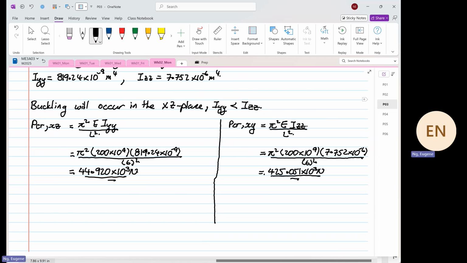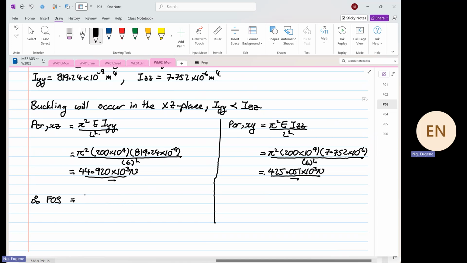So therefore, the factor of safety will be equal to 44.920 times 10 to the power 3. Let me write out the formula first, okay?